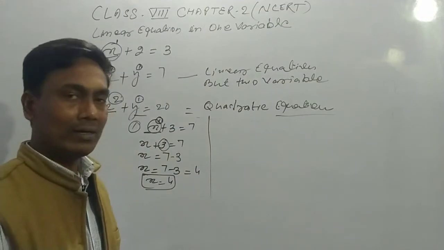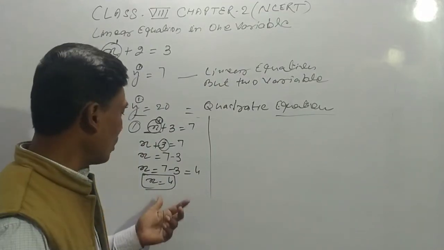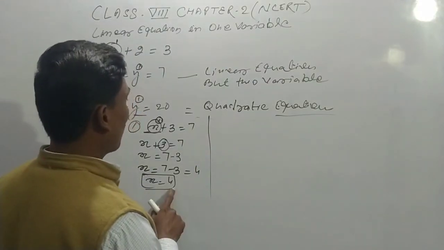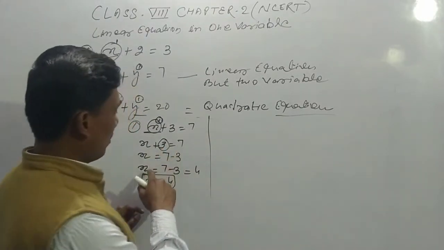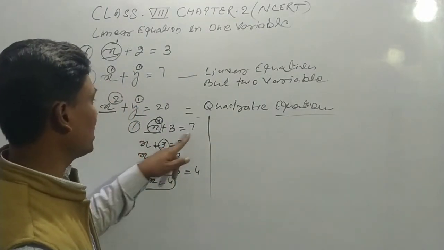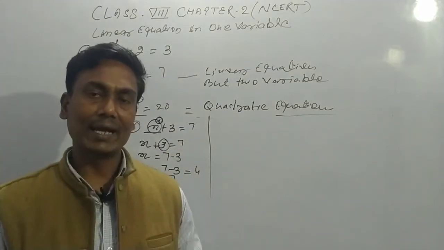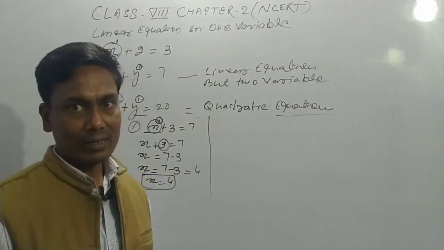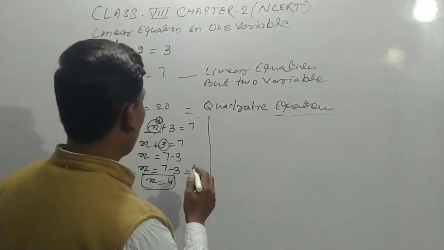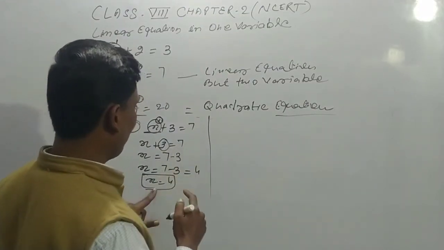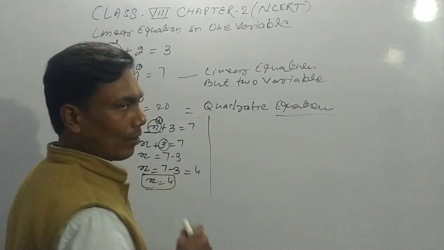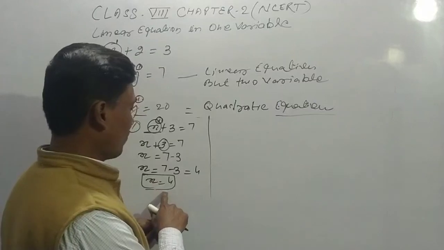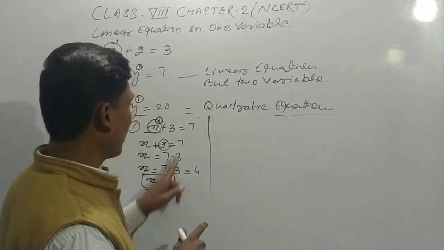If the left hand side and right hand side are equal, then our found value is correct, otherwise wrong. So to verify whether our found value is right or wrong, we put the value of the found variable x is equal to 4 in the given equation.